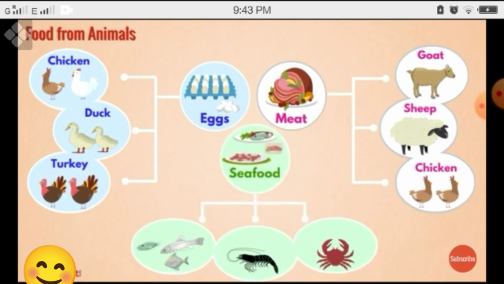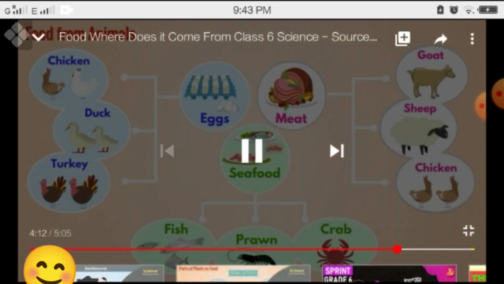Seafood is obtained from fish, prawns, crabs, etc.